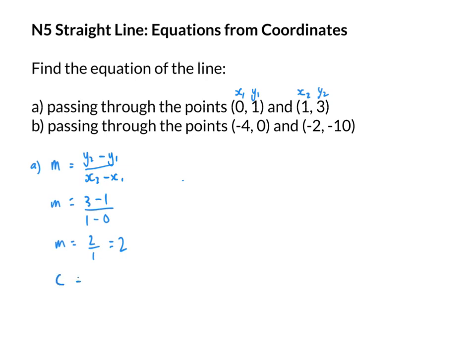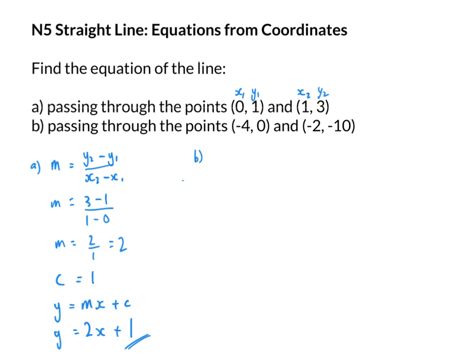My y-intercept is 1. This allows me to put my equation together really quickly. y equals mx plus c. My gradient is 2. My y-intercept is 1. y equals 2x plus 1.